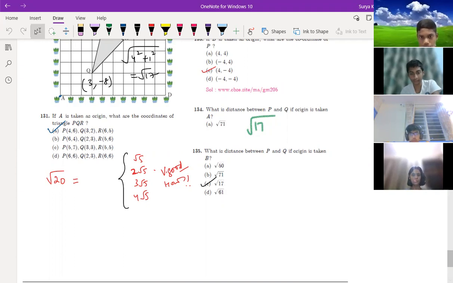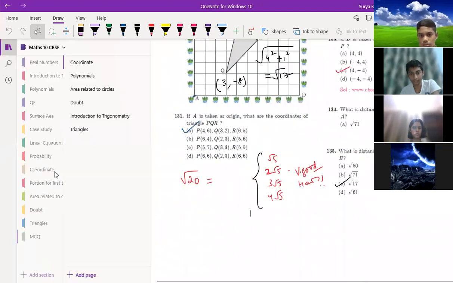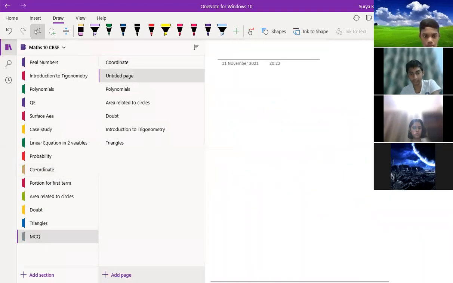Yeah, we haven't practiced case studies. You can't see the PDF, one minute. I'll take a screenshot. So here it is. I'll write here: probability.